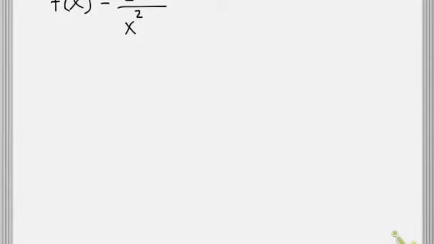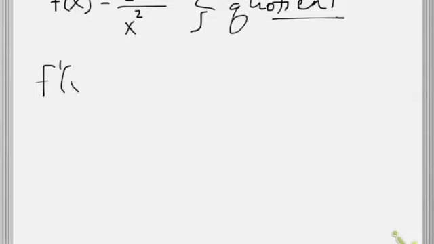Okay, let's take a look at this example. We've got f of x equals e to the 4x squared divided by x squared. All right, again, what did we read? We read divided by x squared. So what does this mean? This means we're going to have to use quotient rule when we want to take this derivative. Okay, so in the derivative, what does quotient rule say? Quotient rule says low d high. All right, so I want to take the derivative of the numerator now.